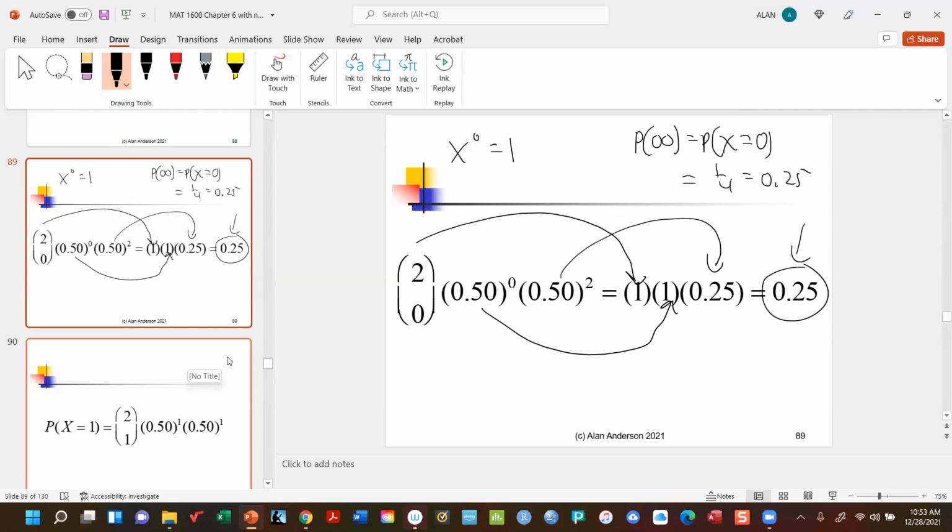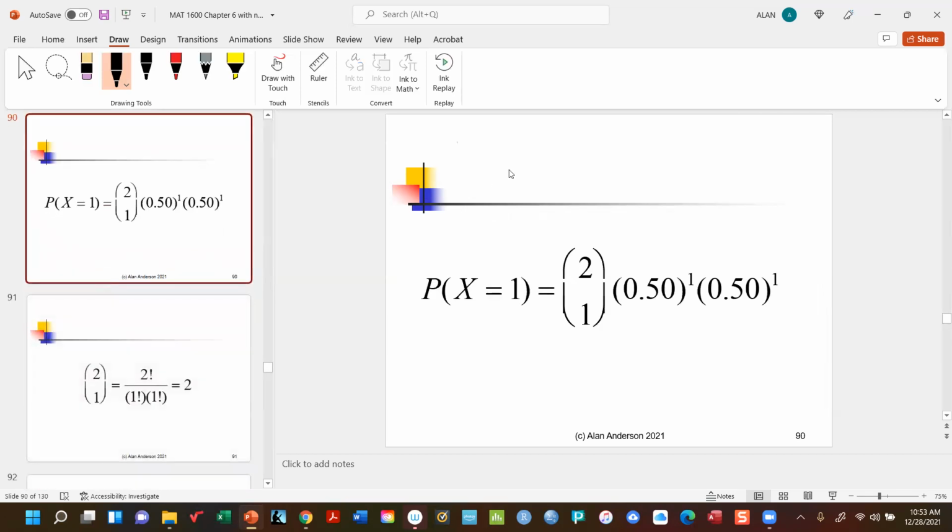Okay, so we'll plug in the new numbers. This time, the only thing that's different, n is still 2, pi is still 1/2, but this time, lowercase x is 1, because we're looking for 1 even, which is the same thing as saying either EO or OE. So we plug in the numbers.